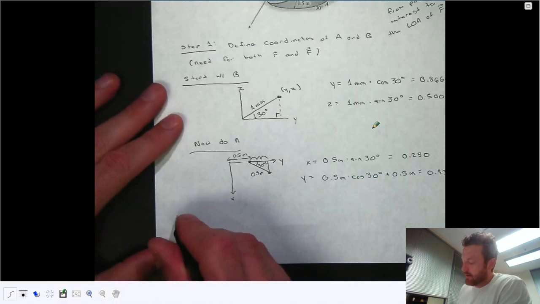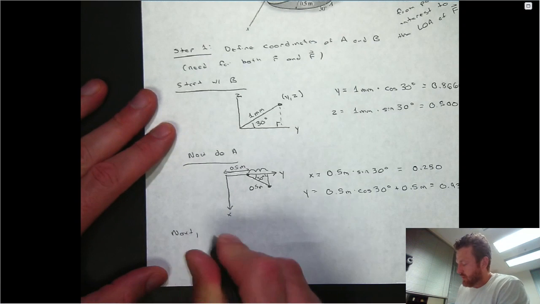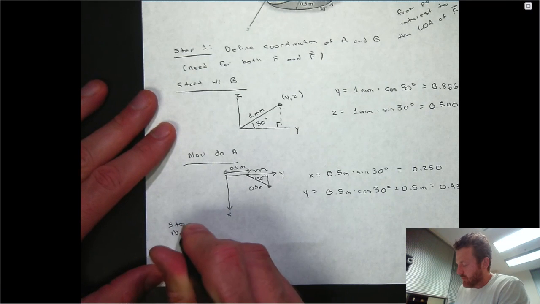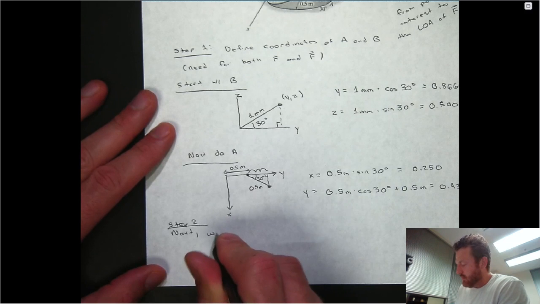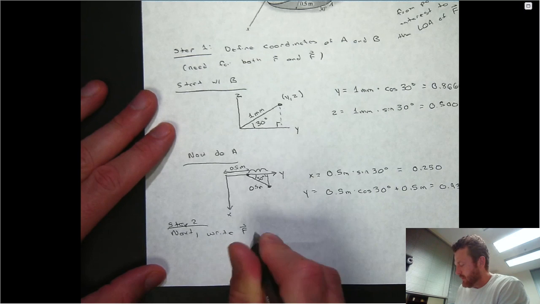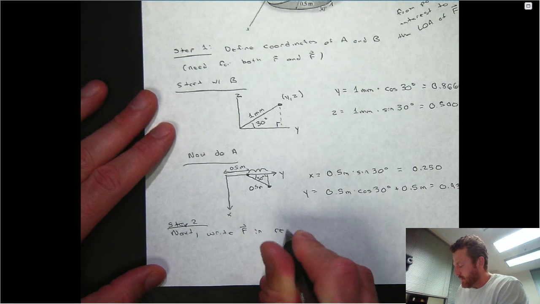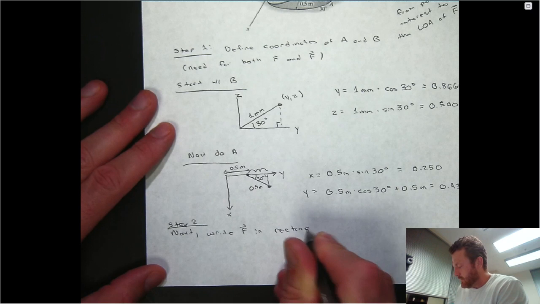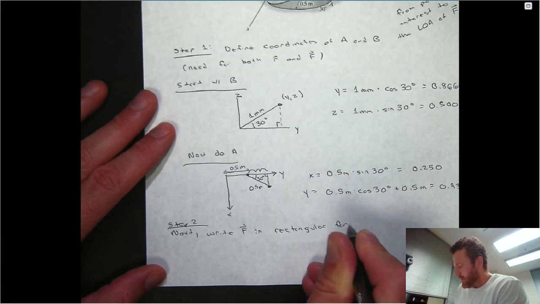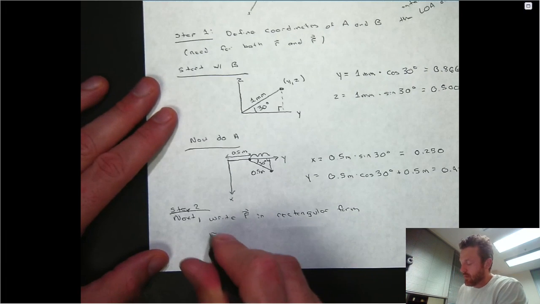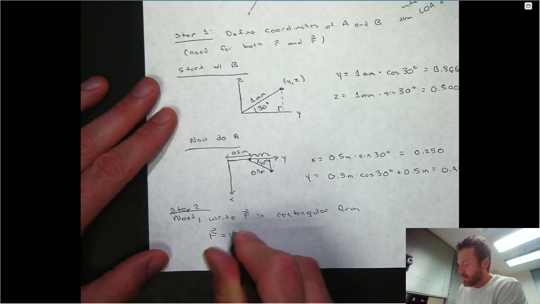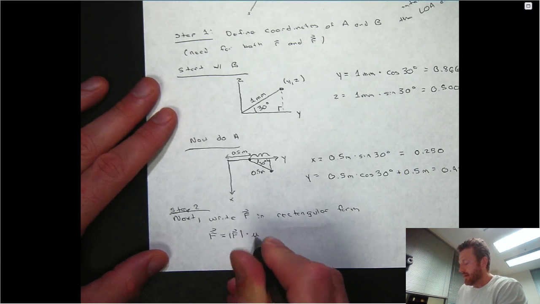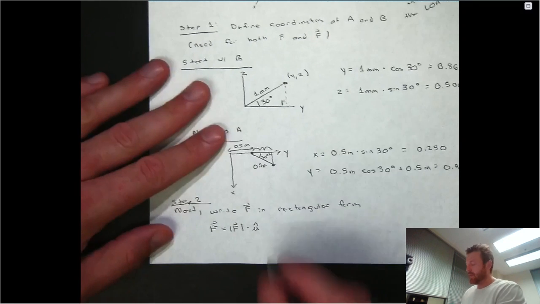Okay. So we have, believe it or not, all the information that we need here. Because next, we'll call this step 2. We'll write F in rectangular form. So remember, to write F in rectangular form, we just need to multiply that magnitude by a unit vector along the line of action.